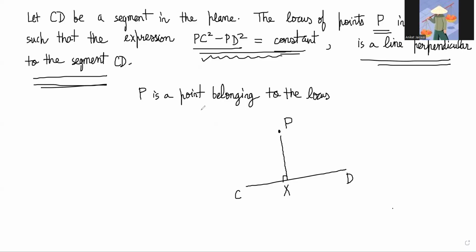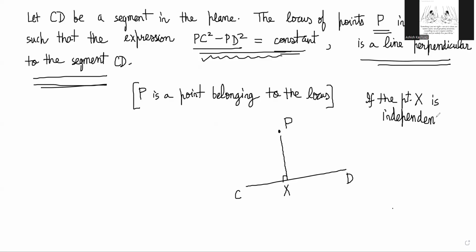Okay, sir. And what I need to show is that the point X is independent of the position of P, of P's location. What is the meaning of that?